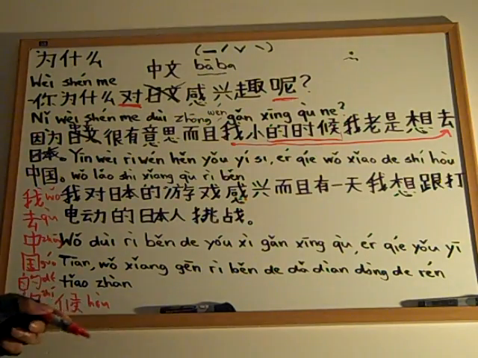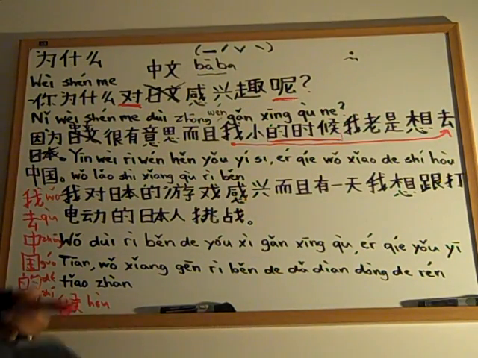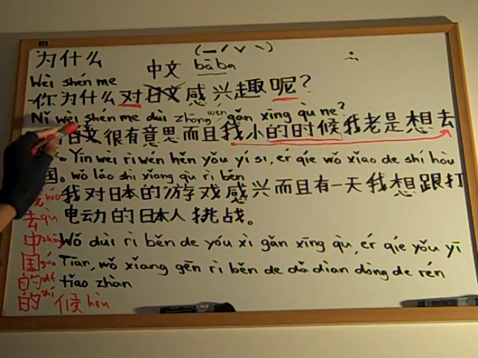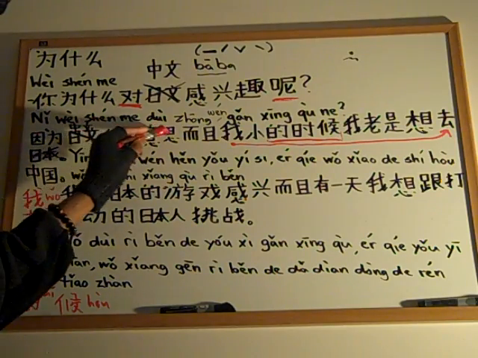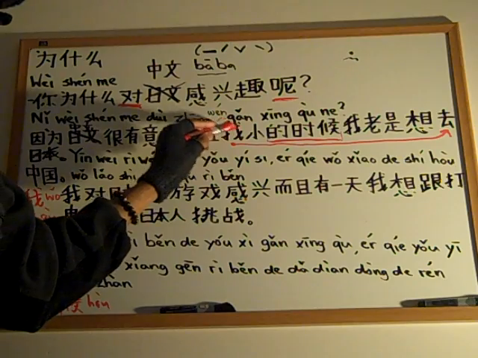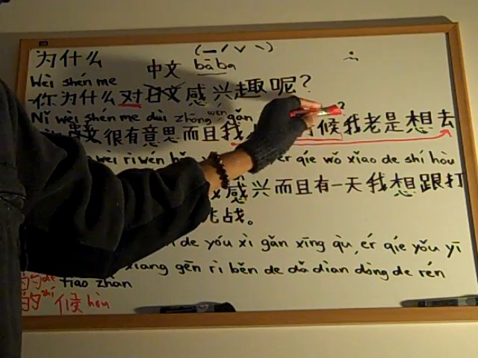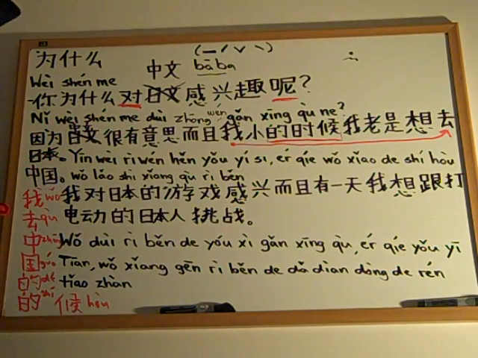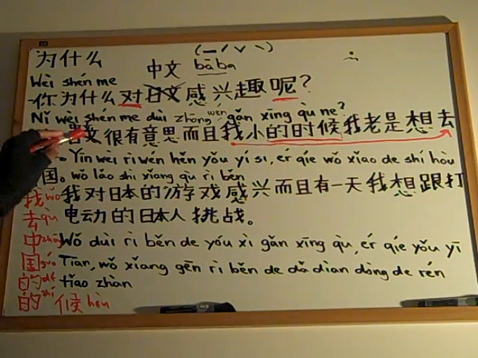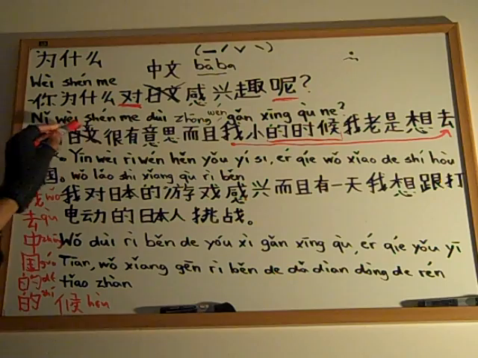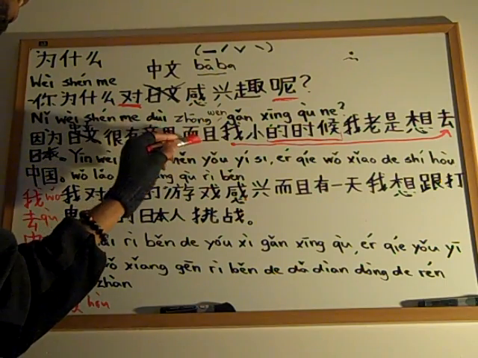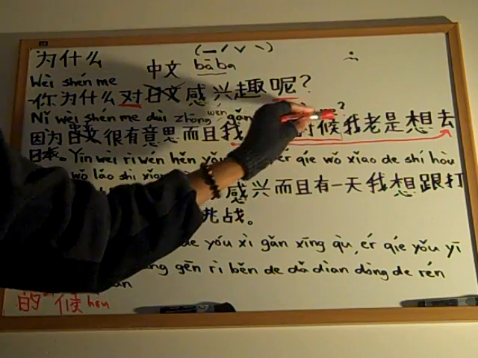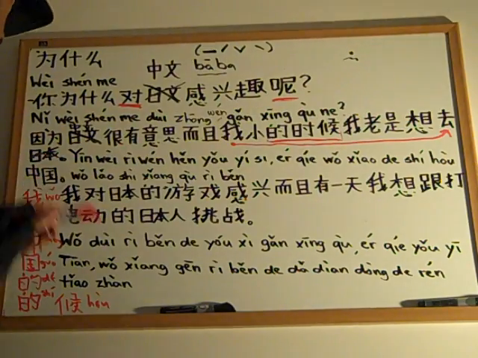All right. So I'll read it one more time and translate it one more time. Okay, so 因为中文很有意思，而且我小的时候我老是想去中国. So it's saying because Chinese is very interesting, and when I was small, I always wanted to go to China.